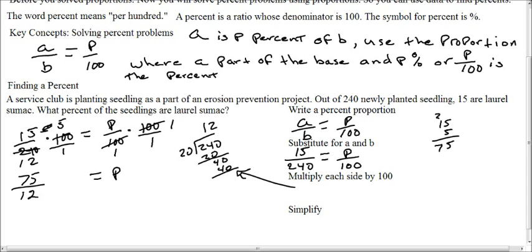And then from there, we still must simplify, and we do so by dividing 12 into 75. It shouldn't be a hard deal.